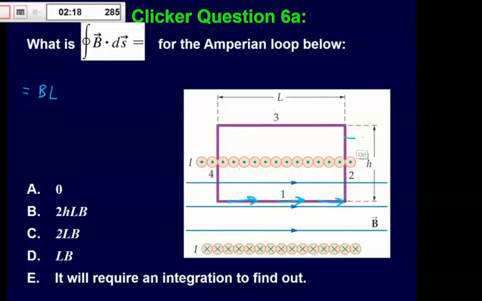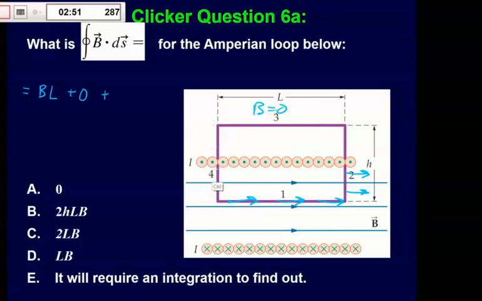Now for part 2, let's be careful. Outside here, the field is 0. Inside here, it's there, but it's at 90 degrees. So for part 2, I'd have a contribution of 0. For that lower part, the B field is at 90 degrees, so there's no B dot ds, and for that upper part, there's just no B field at all, so it'd be 0. For path 3, it's the same sort of thing: the B field is 0. We're assuming the B field is 0 out here, which is pretty close to real life.